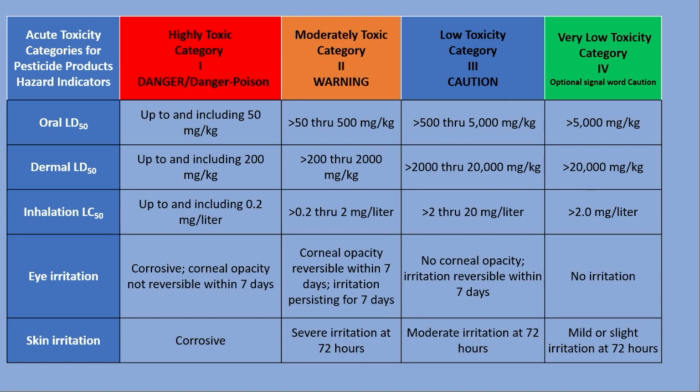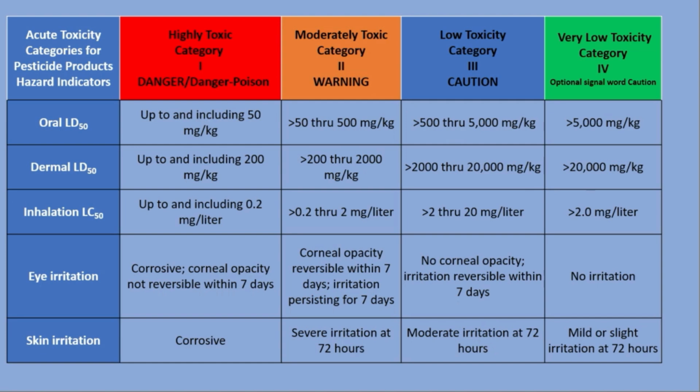Looking at the bottom of the column on the left hand side of our chart, you're going to see skin irritation. Under highly toxic category 1 danger/danger poison, you can see it's corrosive. Under column 2 moderately toxic category 2 warning, it says severe irritation at 72 hours.